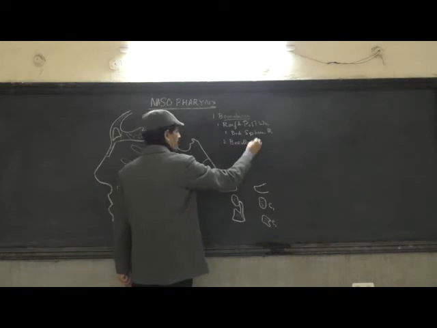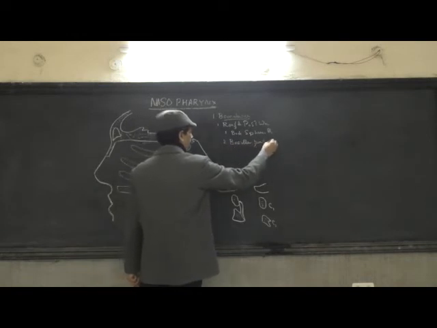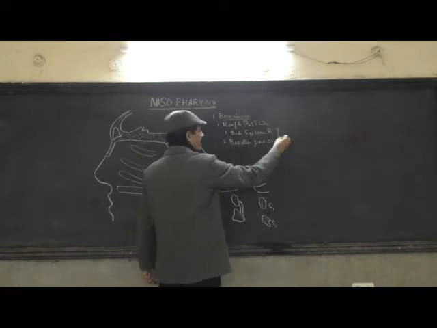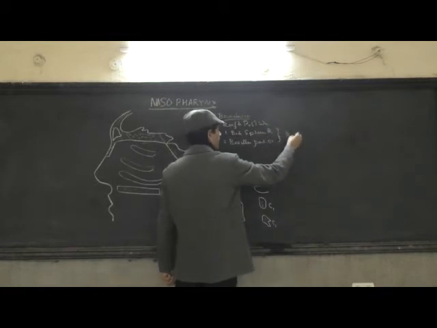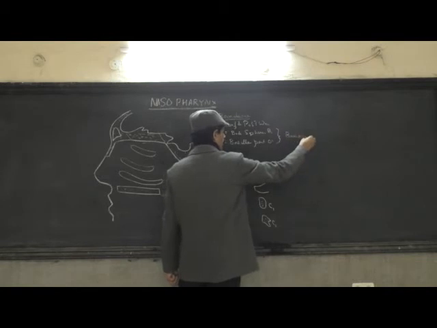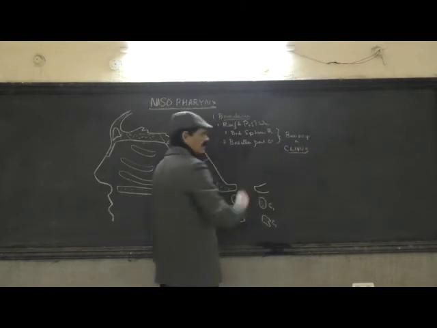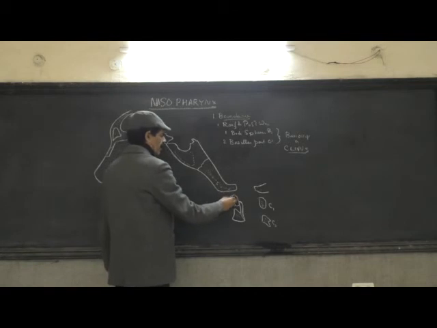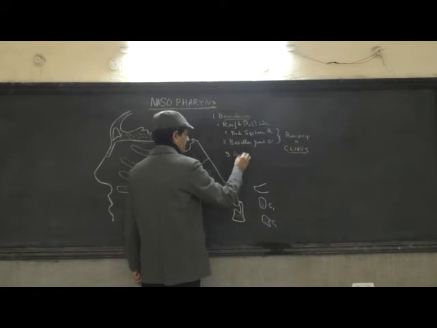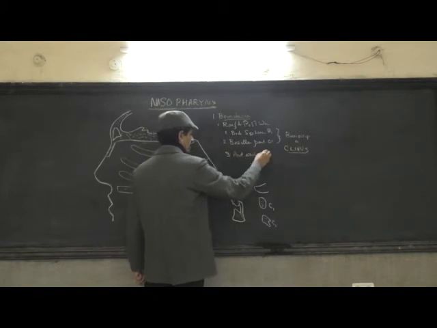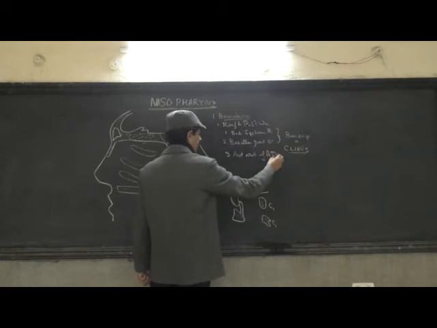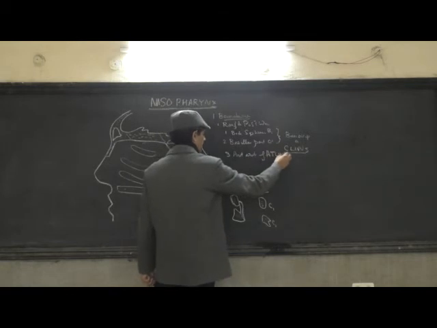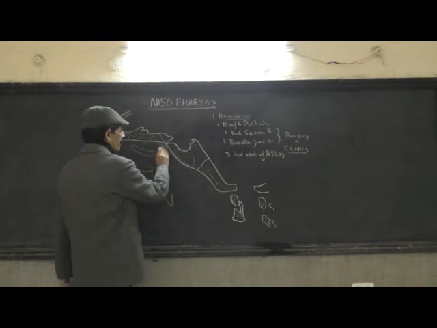Together they are called the basiocciput or clivus. Then below it is formed by the anterior arch of the atlas, that is the first cervical vertebra. So this is the roof and posterior wall.